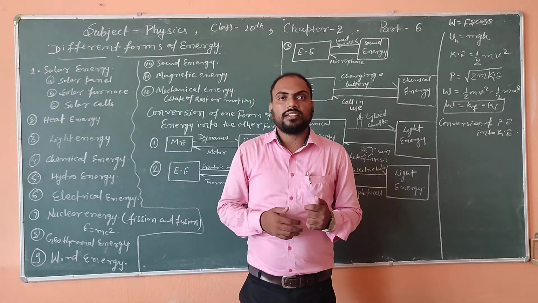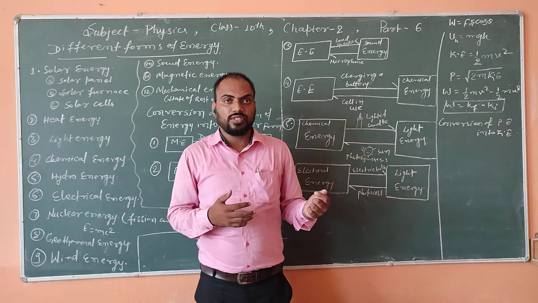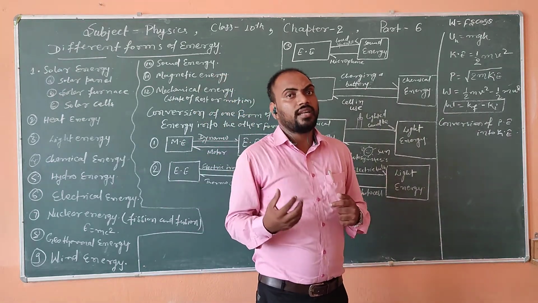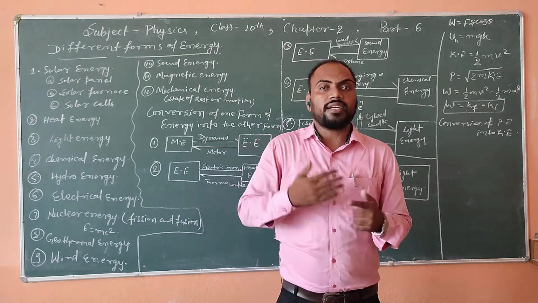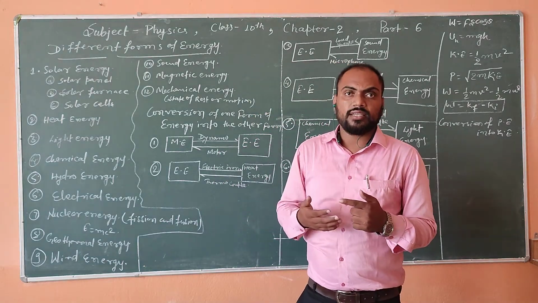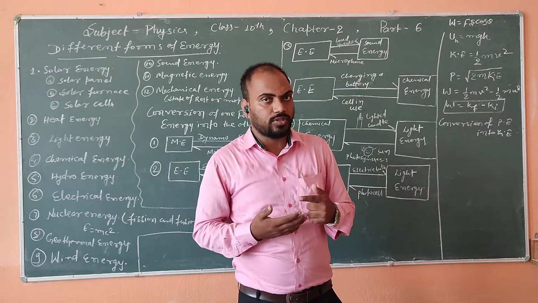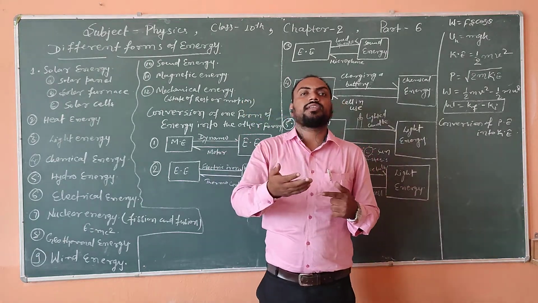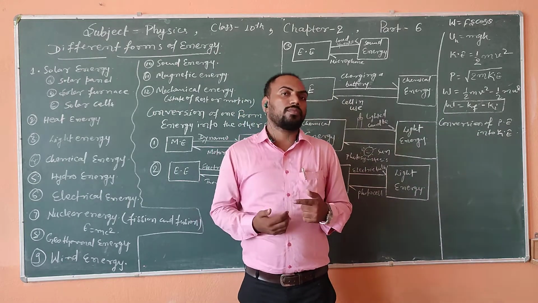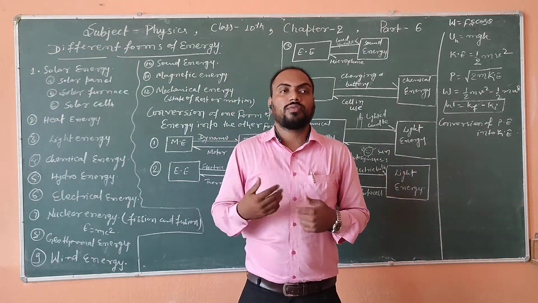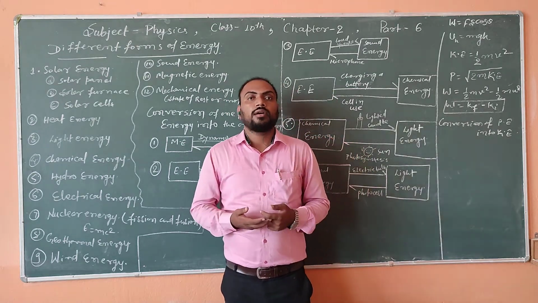By using solar energy, plants make their food. They take solar energy, sunlight from the sun, and convert it into chemical energy through the photosynthesis process, and that energy we take from the food grains and utilize for living, for moving, for sleeping.